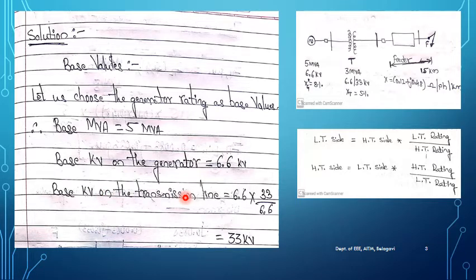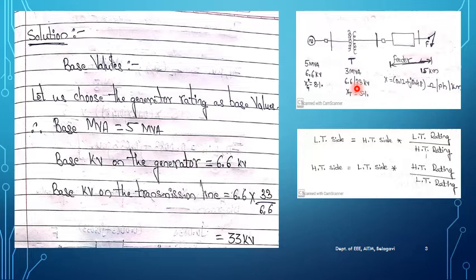Now, is this transmission line connected to the HT side of the transformer or the LT side of the transformer? By looking at these voltage values, we can clearly tell that this transmission line is connected to the HT side of the transformer.